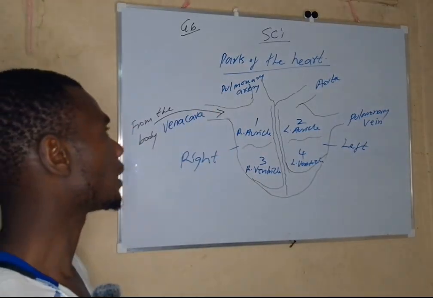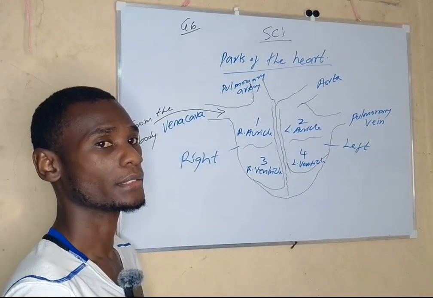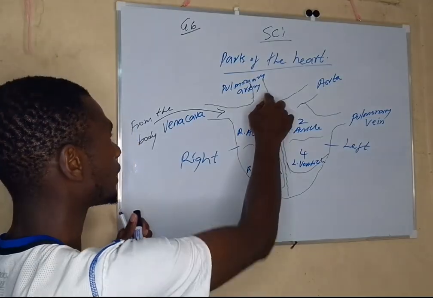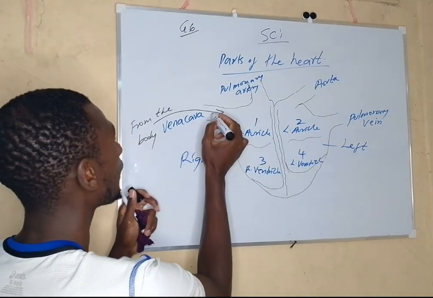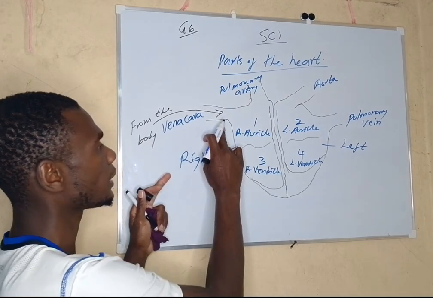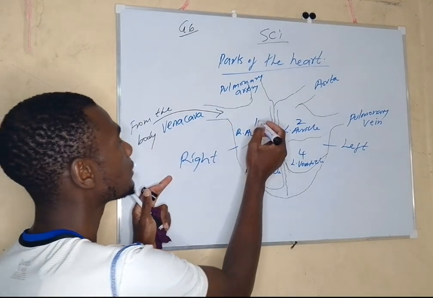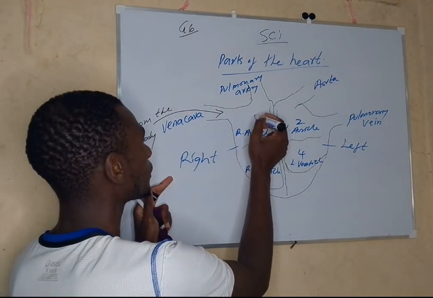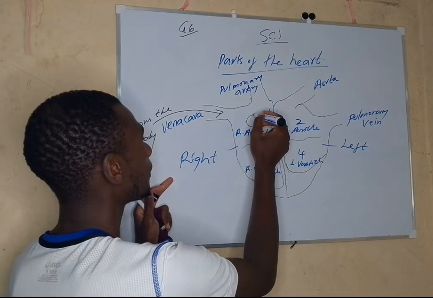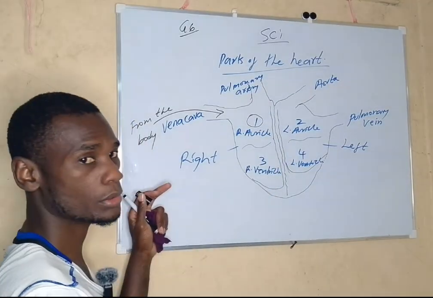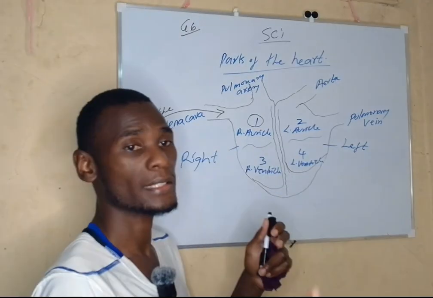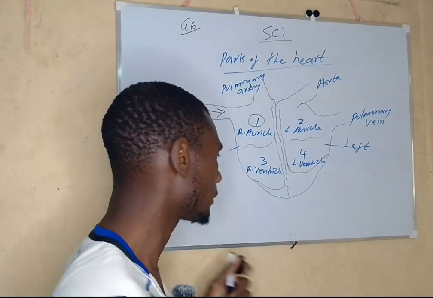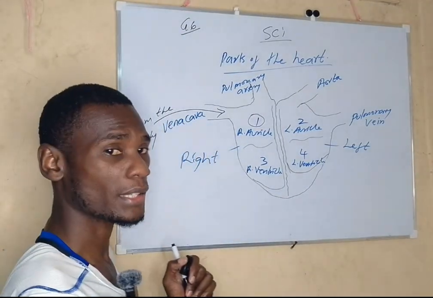The second part we said is the pulmonary artery. Now, I want you to look at this. Once the vena cava has brought the blood here, it comes to the auricles. The work of the auricles, both left and right, is to receive blood. You can note that one somewhere.